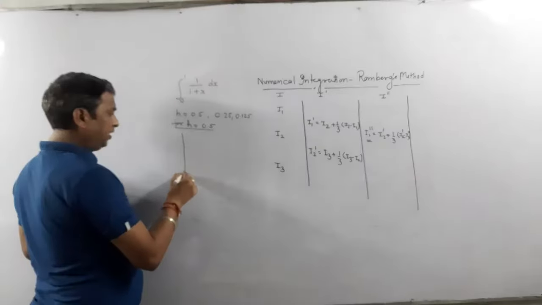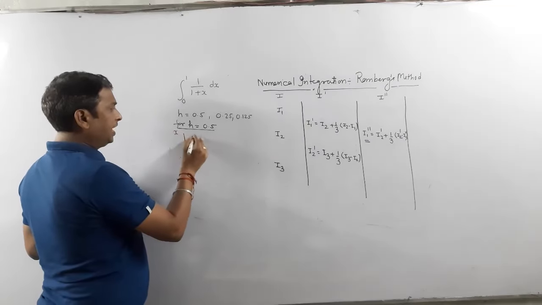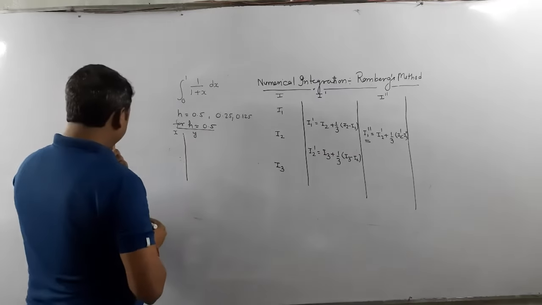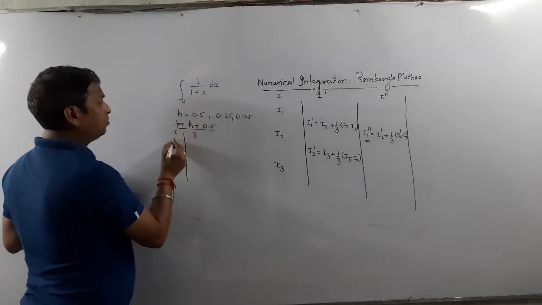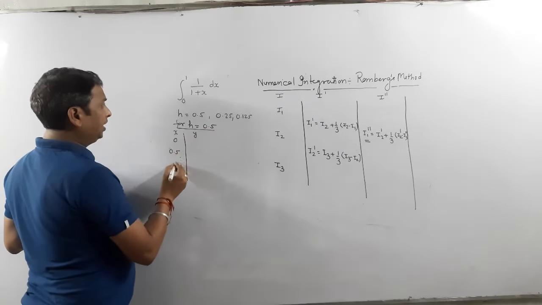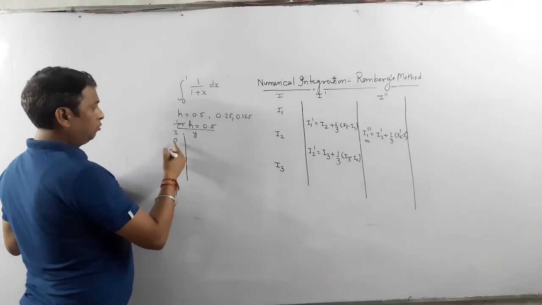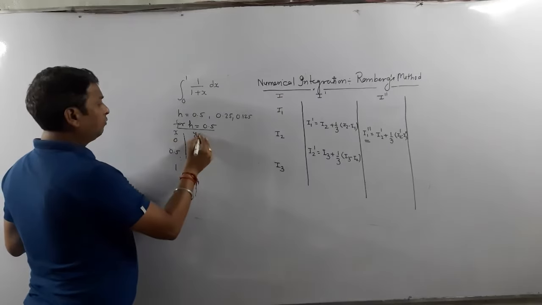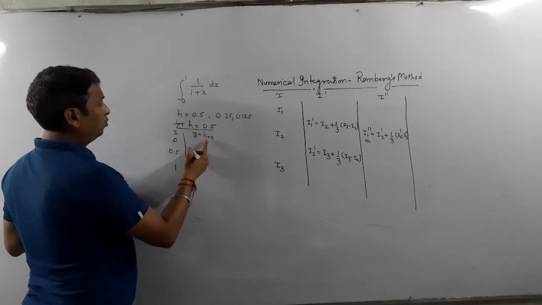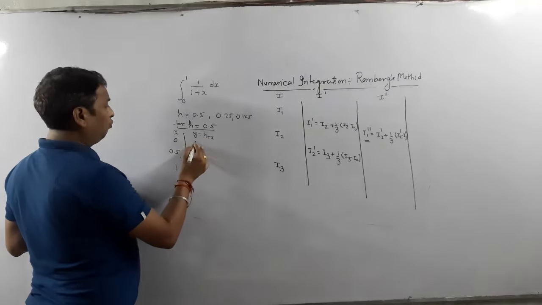You know very well, we have to construct first the x table, then the y table. What is x? Starting from 0, then 0.5 and then 1. The corresponding y value is 1 upon 1 plus x. When x is 0, y is 1.